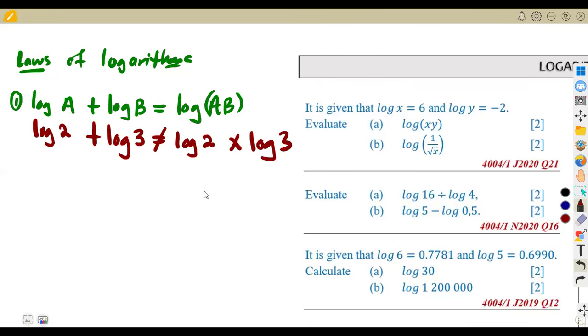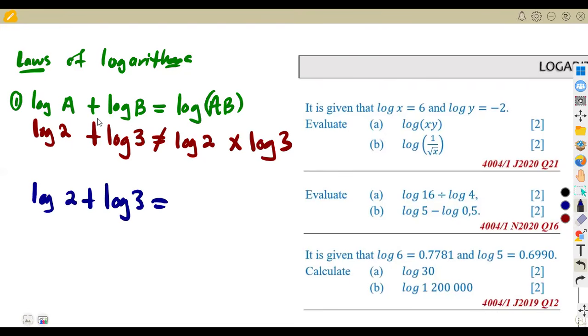This here is the same as if we take our logarithms. I want you to understand me here. If we take the logarithm of 2 plus the logarithm of 3, from the law of addition, if you're adding, this indicates that you're in base 10, the bases are the same.